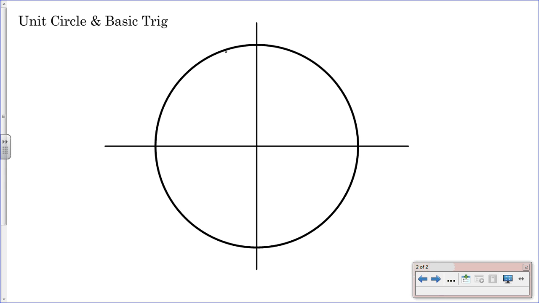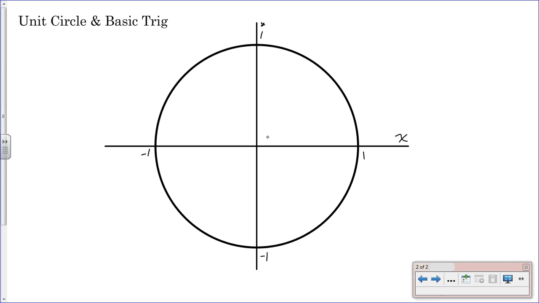All right, so starting off, the unit circle is a circle with a radius of 1. So this is 1, this is 1. All right, since this is your x and your y axis, this would be -1, and this would be -1 as well. So it is a circle centered at the origin with a radius of 1.